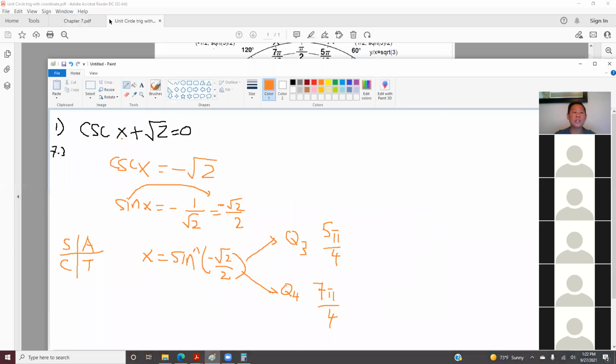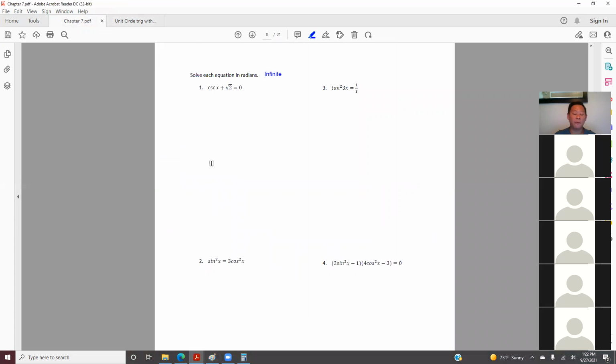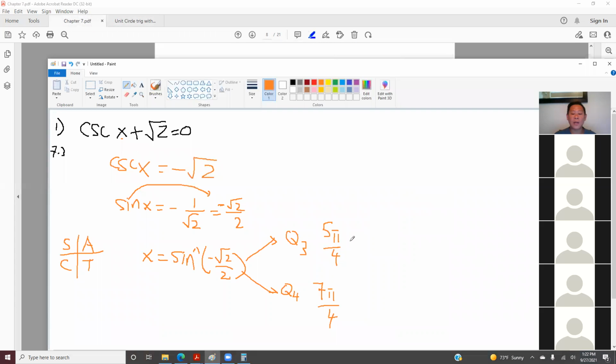Because the question is asking us for infinite revolutions, what you need to add here is 2n pi, or 2k pi. Doesn't matter, it's n or k. The reason why you use 2n pi is because sine has a 2 pi revolution. So this is your answer in this case.